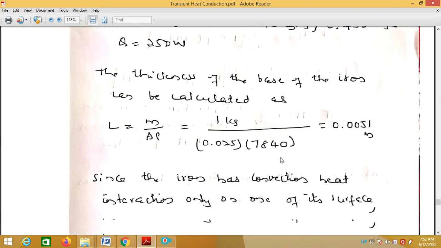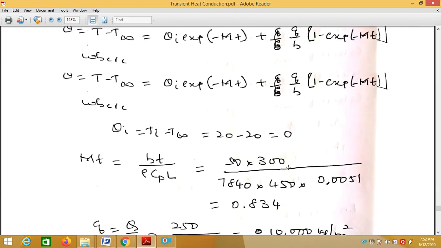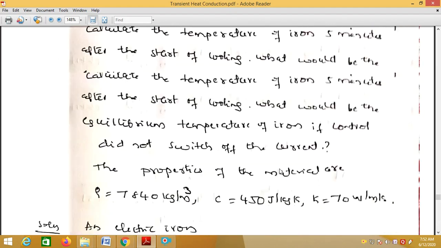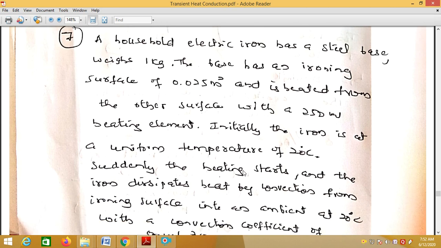Now the next problem, household electric iron. A household electric iron has a steel base and weighs 1 kg. The base has an ironing surface of 0.025 meter square and is heated from the other surface with a 250 watt heating element. Initially the iron is at a uniform temperature of 20 degree centigrade.